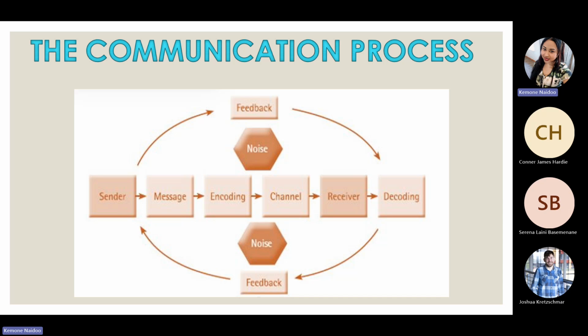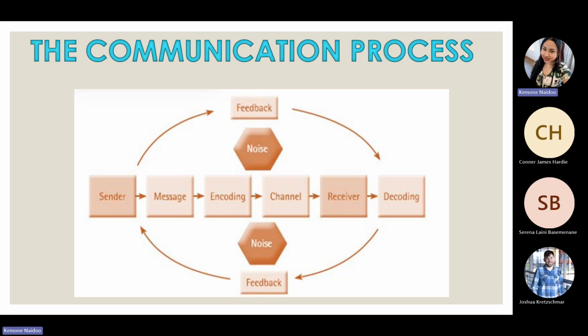So the sender will then encode the message, taking all these factors into consideration, and also a channel. How are you sending this message? Once we figure out an appropriate channel, and also a channel that the receiver is able to receive, that also promotes effective communication.